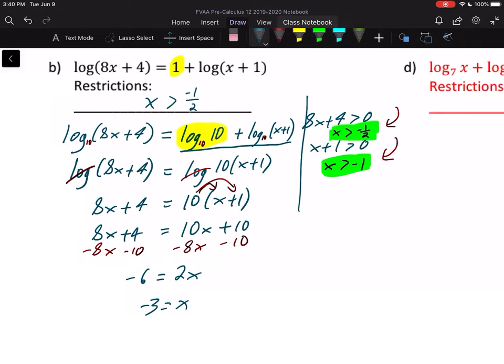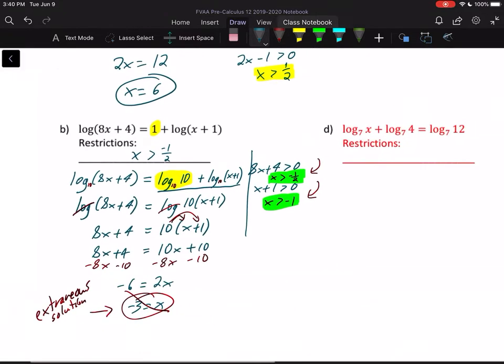Does that solution fit within my restriction? Is negative 3 greater than negative 1/2? The answer is no, right? So this is actually an extraneous root, or an extraneous solution, I should say. So the only answer we get there actually ends up being an extraneous answer.